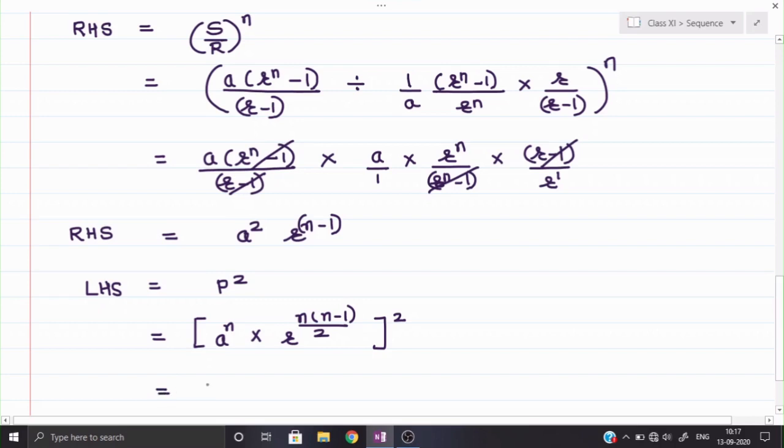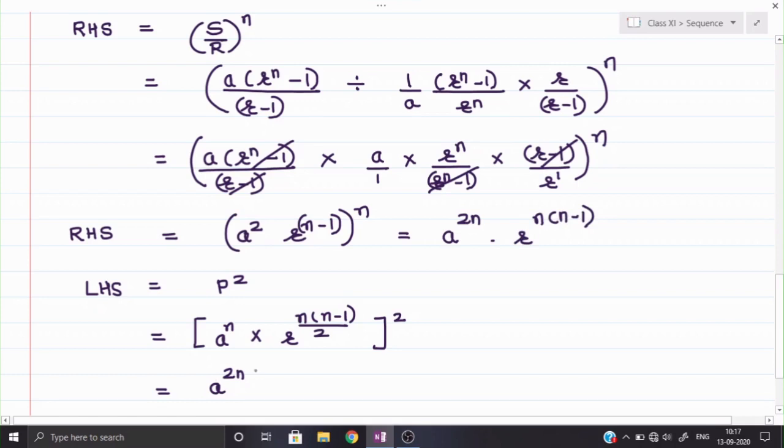Now powers we can multiply, so a to the power will become 2n. Sorry, here the whole power n we forgot. Sorry, the power n is there, so here also the whole power n will come. This will be a to the power 2n into r to the power n into n minus 1.